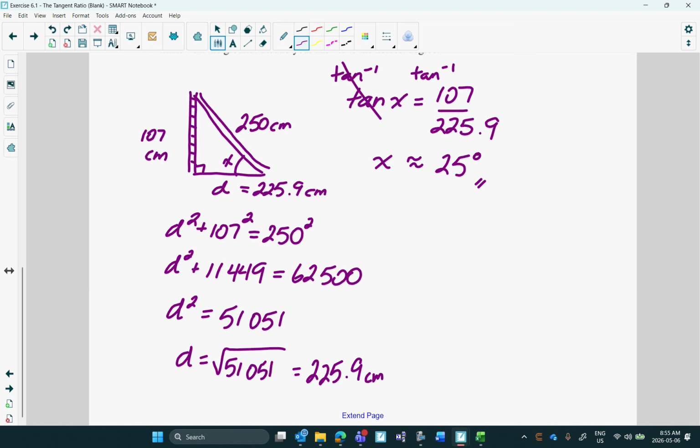There's, like I said, there's actually a way that we don't have to use Pythagoras. We just use a different trig ratio. And there's two more of them that we're going to look at next week. And they are sine and, yeah, cosine or cos. Good. But we will look at that.